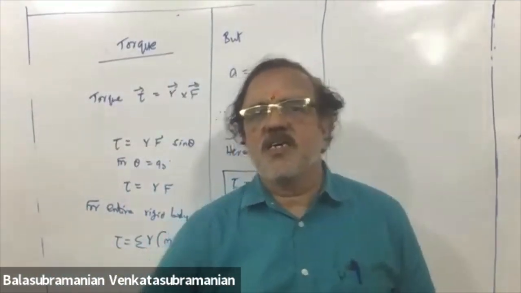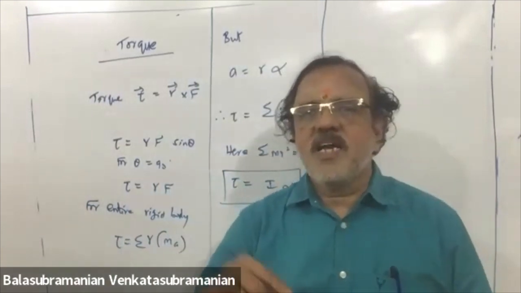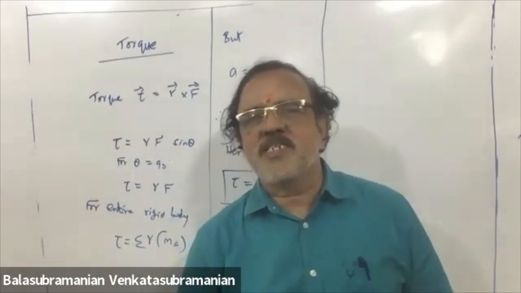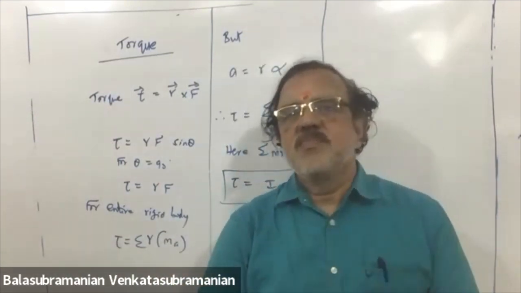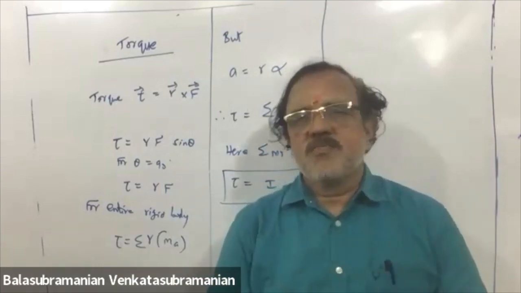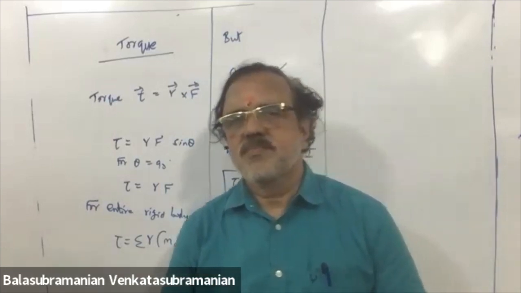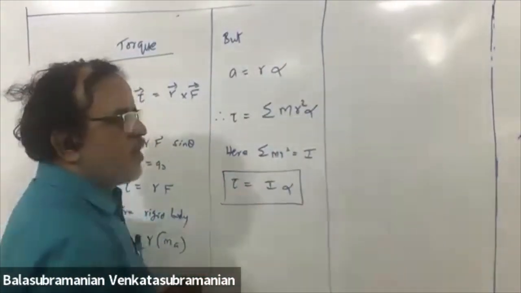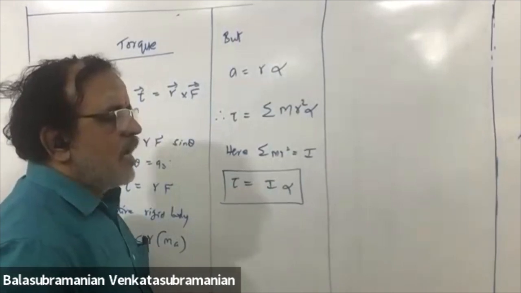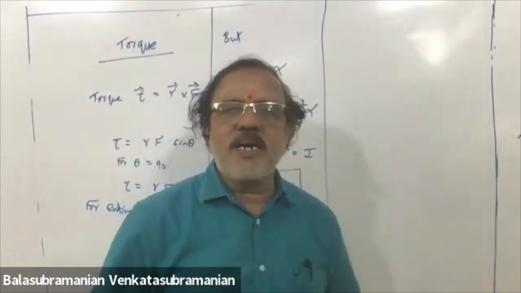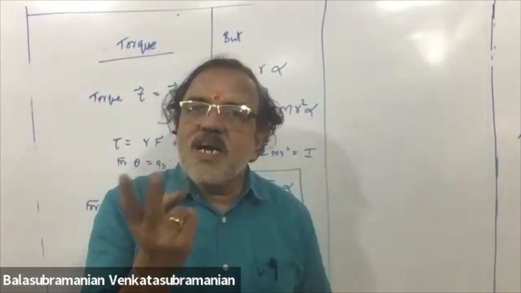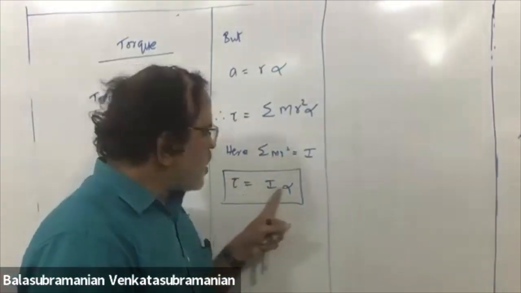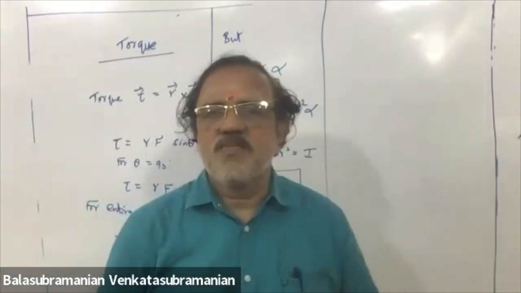Rotational motion, torque. Linear motion, force. There, mass. Here, moment of inertia. Linear motion, acceleration. Angular motion, angular acceleration. Fine. Next. Tau is equal to I alpha. I want a relation connecting torque and angular momentum. Torque and moment of inertia with torque and angular acceleration you have written.